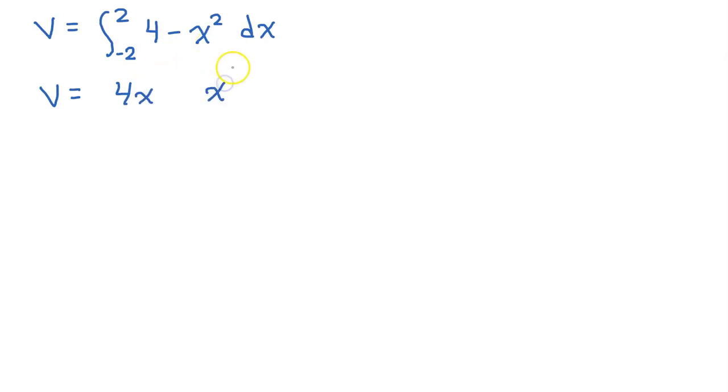The x squared will become x to the third power, and then I divide by the new exponent by writing a 1/3 in the front. We need to integrate using the limits of integration, so from -2 to +2. This means we need to find the value at 2 minus the value at -2.